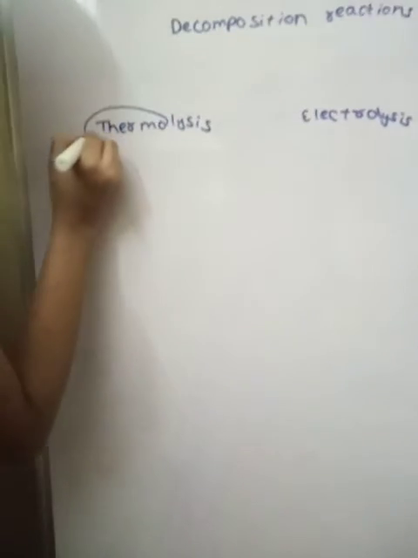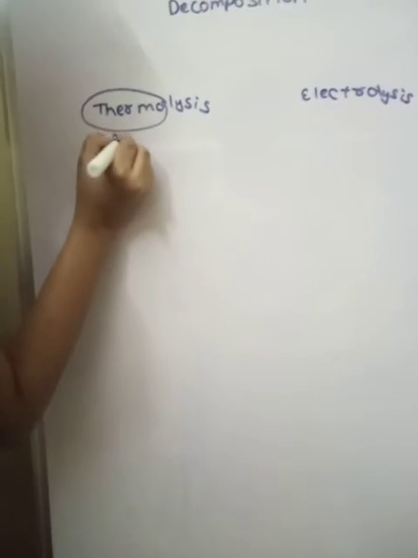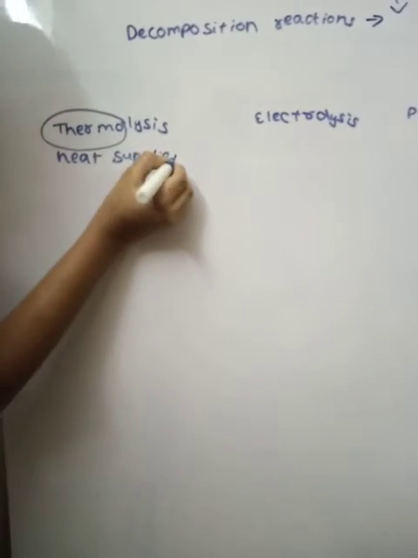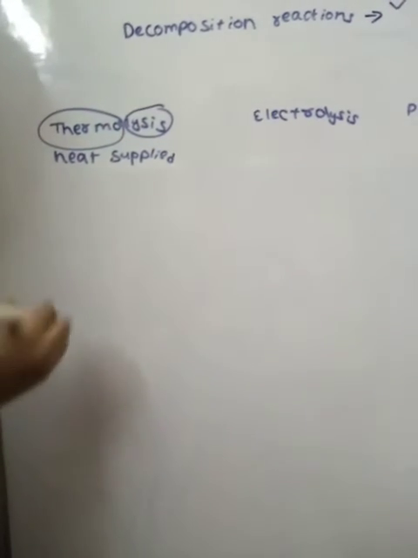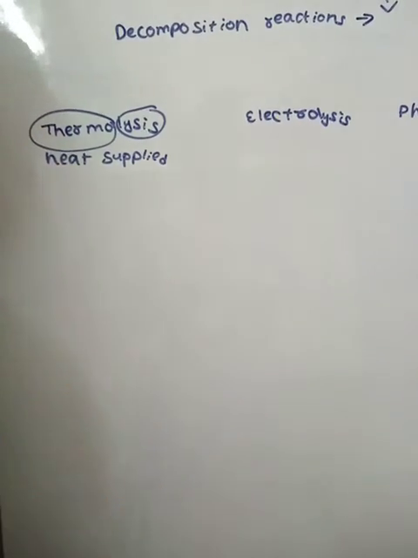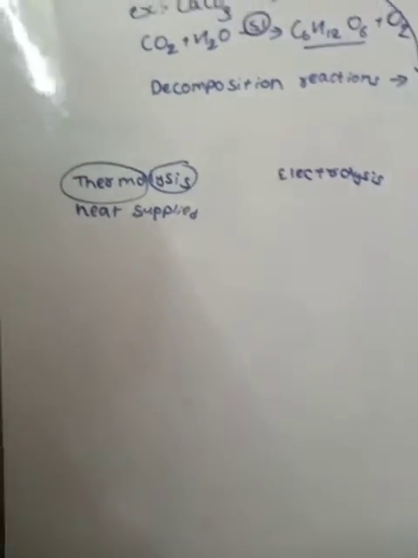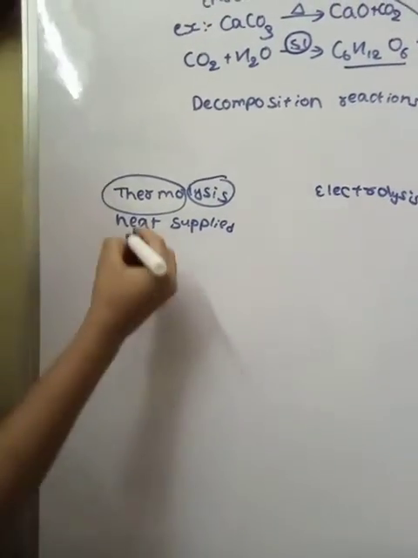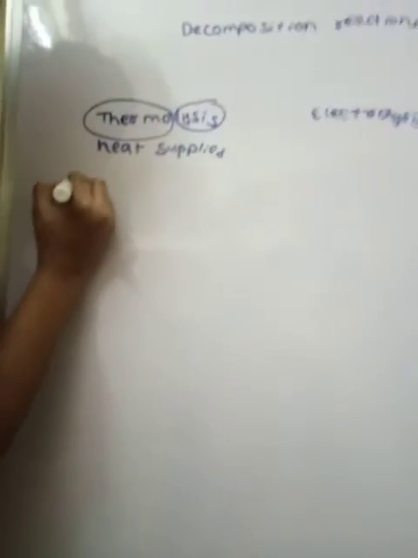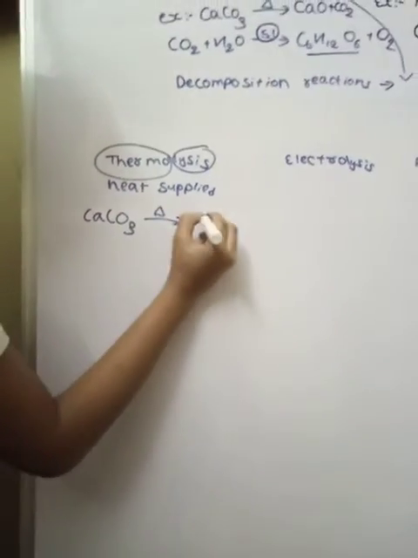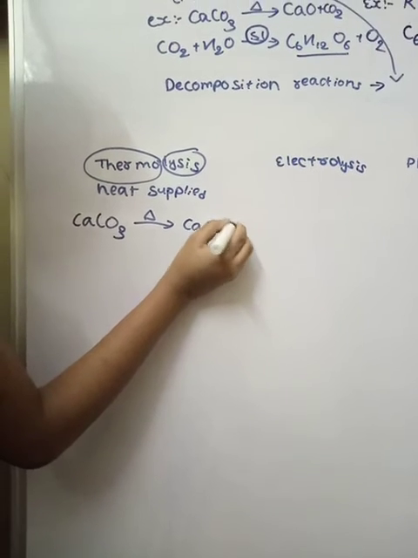Thermo means heat supplied, and lysis means breakdown. Thermolysis means the reaction in which heat is supplied to break down. The example is CaCO3 on heating gives us CaO plus CO2.